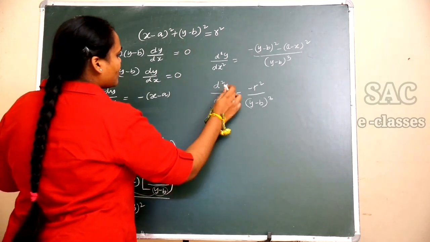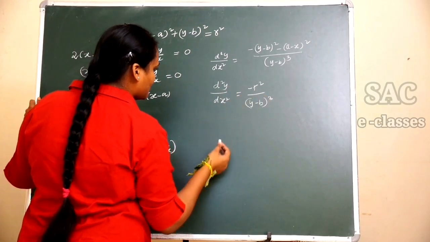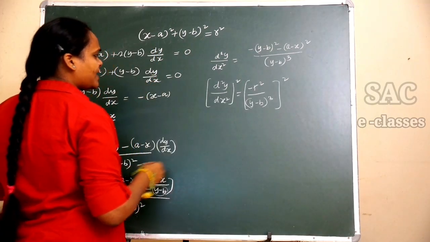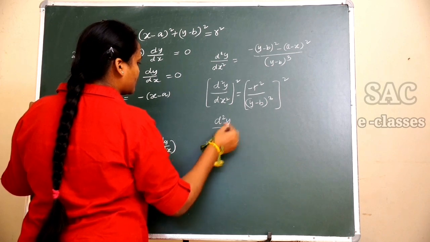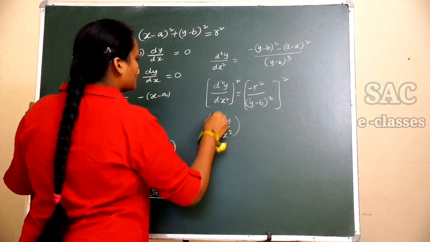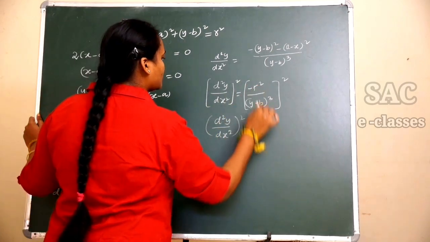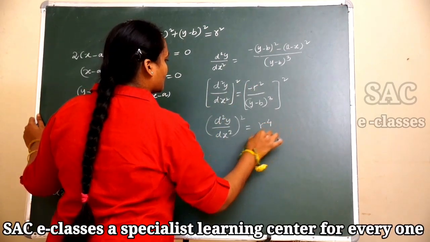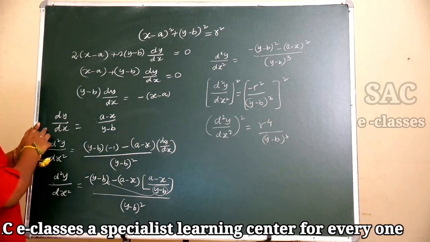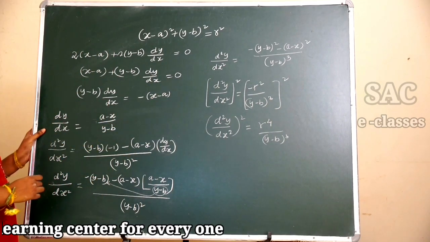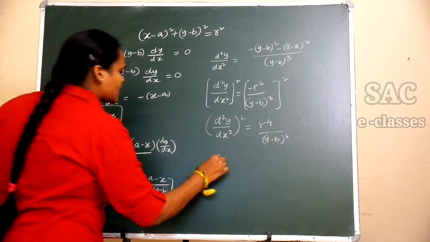Now d square y by dx square is equal to minus r square by y minus b whole square. Let me square it on both sides, then d square y by dx square whole square. I am not doing anything, simply I wanted to make the negative into positive, that is why I have done it. Now to relate this one and the d square y by dx square, let me take this one and square it on both sides.